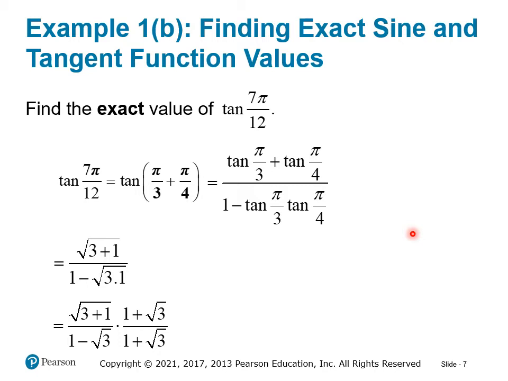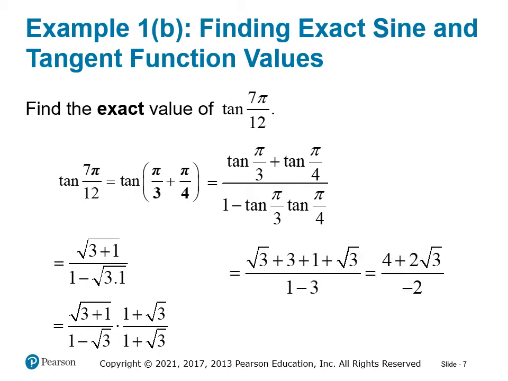That's the square root of 3, it shouldn't be the square root of 3.1. This is a typo here, please ignore that. And then multiplying the numerator and denominator by the conjugate of the denominator, we get 4 plus 2 times the square root of 3 over negative 2, and of course we can factor out the 2, or the negative 2, either way.